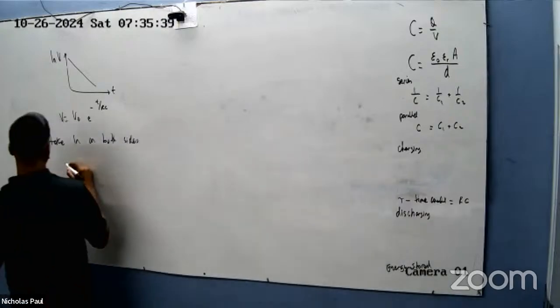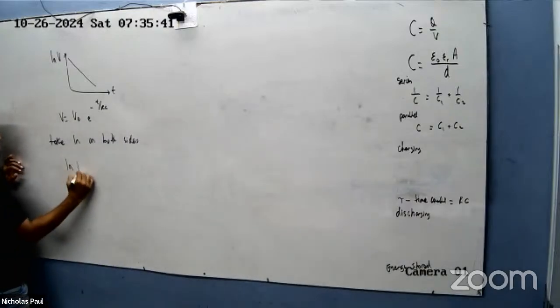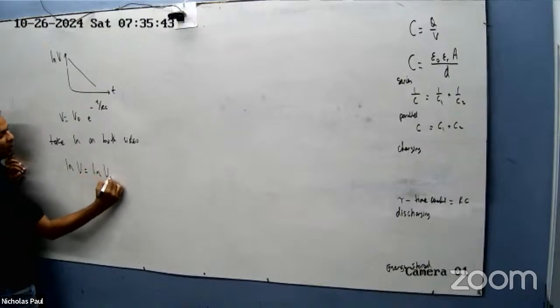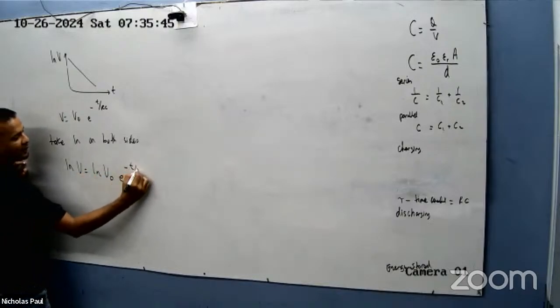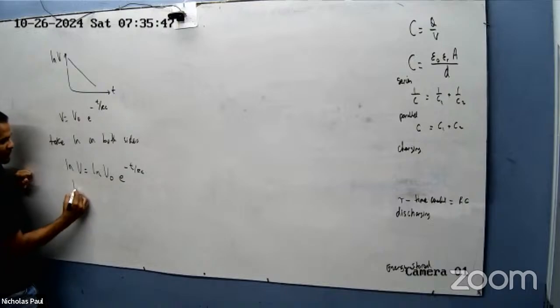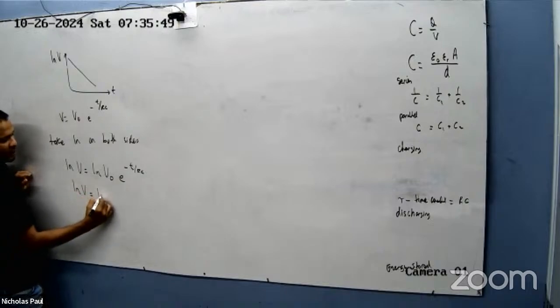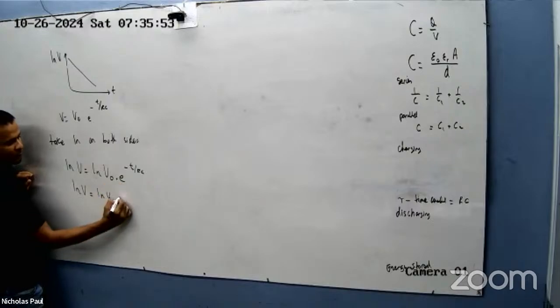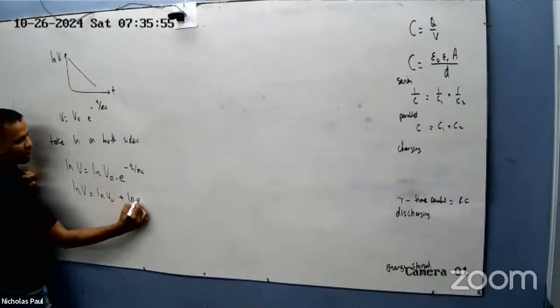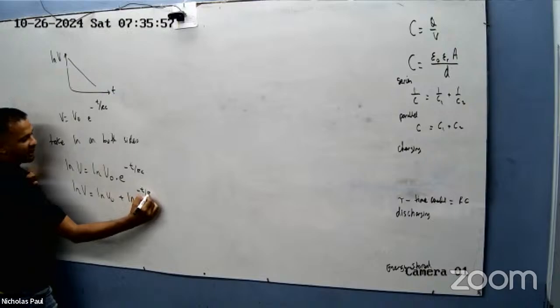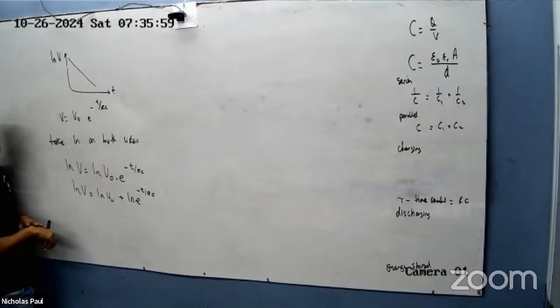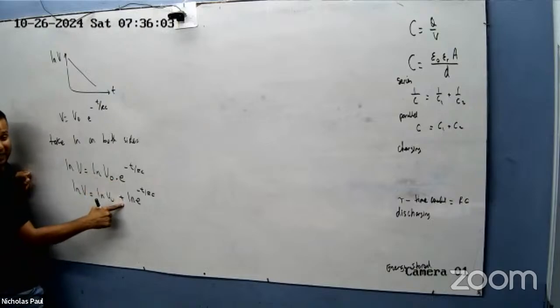Right, so when you take ln, you'll get ln V is equal to ln V naught e to the minus t on RC. Remember, this is multiplication, so we can add: ln V is equal to ln V naught plus ln e to the minus t on RC. Multiplication means addition, right?